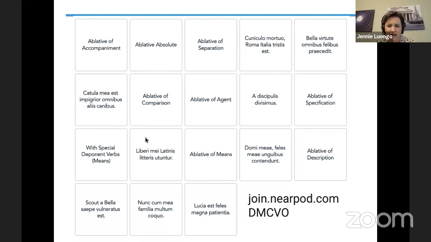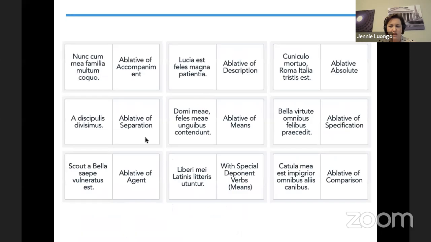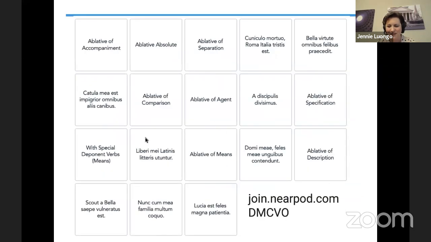If you can't go on with Nearpod, you can play the video back, pause on this page, and do the matching yourself. When you get done, it will show you what the matches are. So don't look at this slide first. These are all the answers.